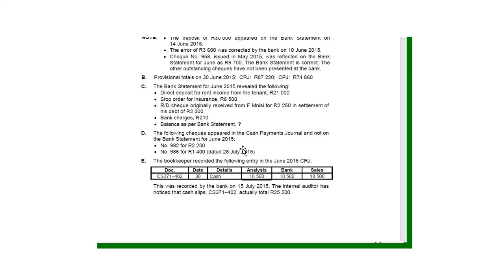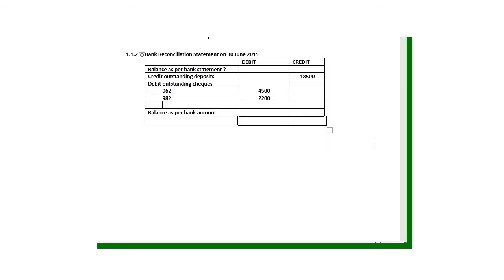If it's a post-dated check, it must still appear on our recon. It's already on our journal. It will appear on our recon until the day that the check actually clears the bank. So 986 must still appear on our bank recon, and the amount 1,400.